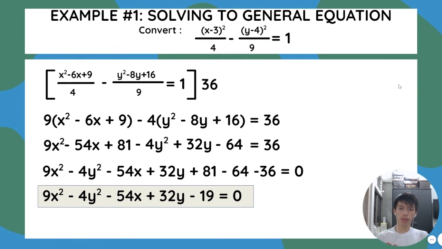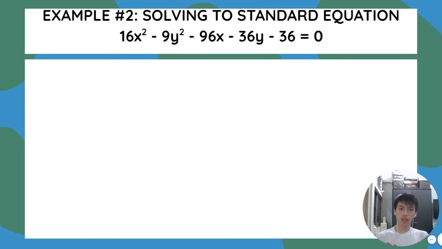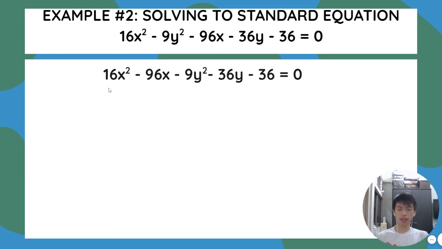So now let's move on to example 2. Solving a hyperbola to the standard equation. Our given is 16x squared minus 9y squared minus 96x minus 36y minus 36 equals 0. So now, we will first gather the variables x and y and arrange it, which will be 16x squared minus 96x minus 9y squared minus 36y minus 36 equals 0.